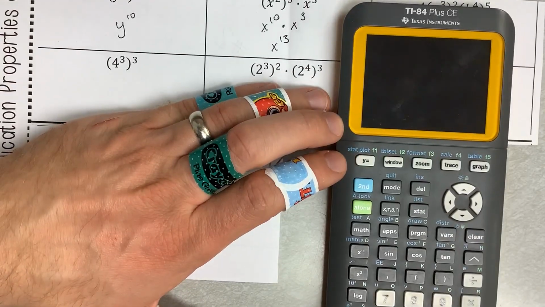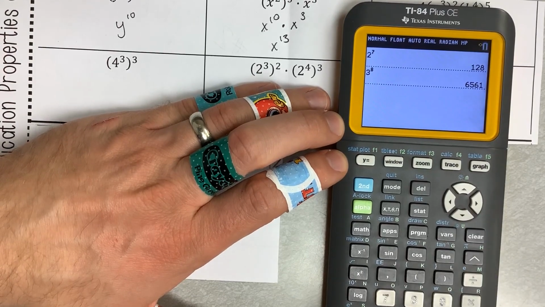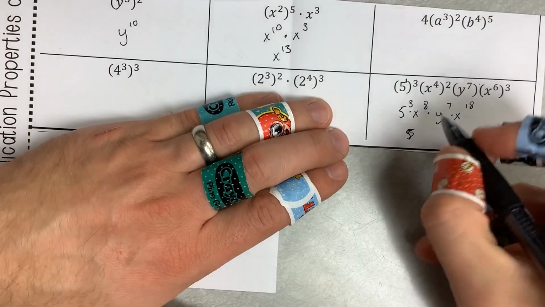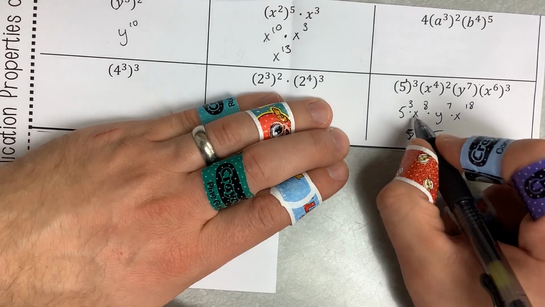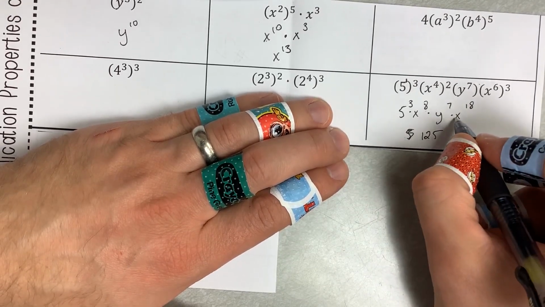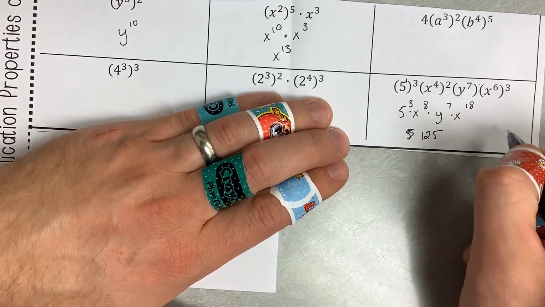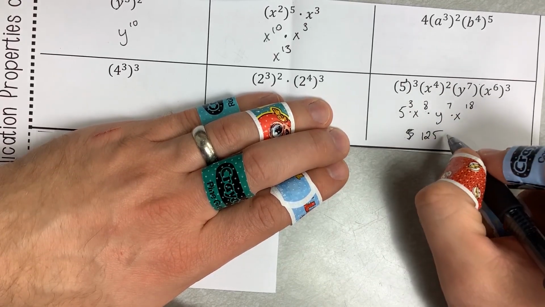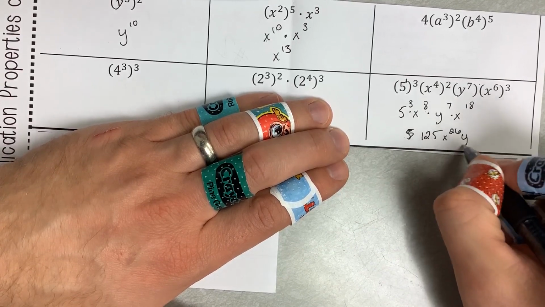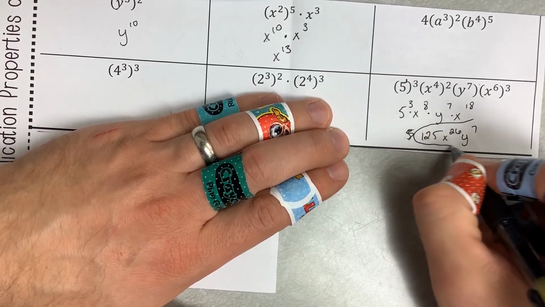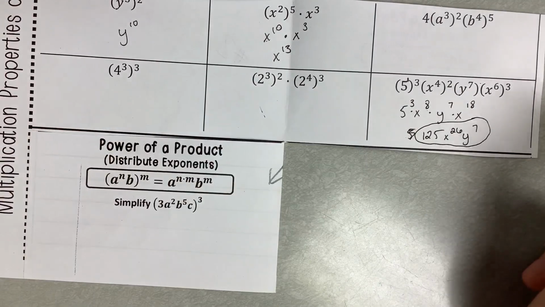Let's figure out what 5 to the third actually is. 5 to the third, 125. I knew it. I was just showing you guys how to use a calculator. 125. X to the 8, x to 18th. I can add those together because I'm multiplying this. 18 plus 8, well, that's going to give me 26. So x to 26th, and the y to the 7th gets dropped down. There is my final answer.